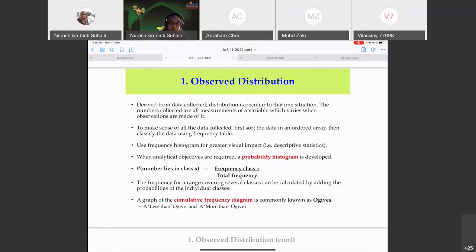If you go to another situation or another measurement, you will have another set of data. So that's peculiar. The numbers collected are all measurements of a variable which varies when observations are made of it. So it can vary from one situation to another. To make sense of all the data collected, first sort the data.